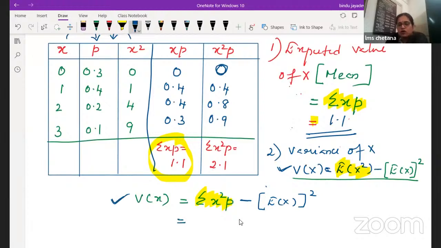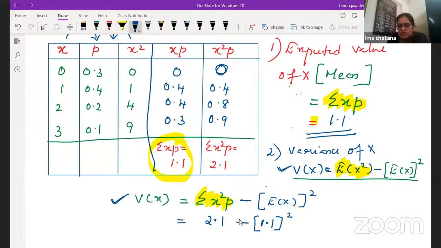See the last column of the table, that is sigma x square p. What is the value? 2.1 minus square bracket. Why am I saying square bracket? Because inside the symbol there is a bracket. So what is the E of x value? 1.1, the whole square.